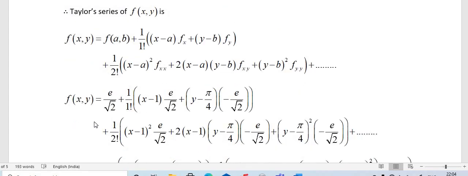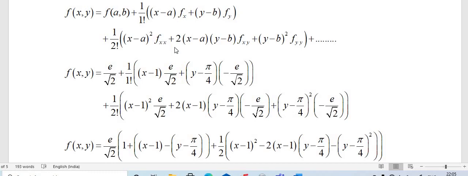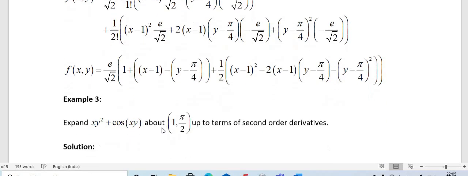Here we are writing only up to second degree terms. In the question they are asking only to find out Taylor's expansion up to second degree. Here second degree: 1 plus 1 is 2, second degree. So substitute all the values here and simplify.